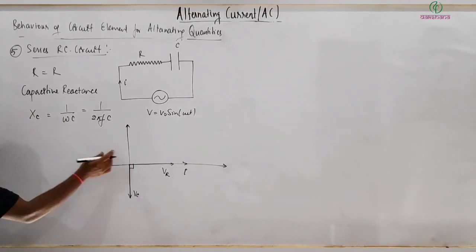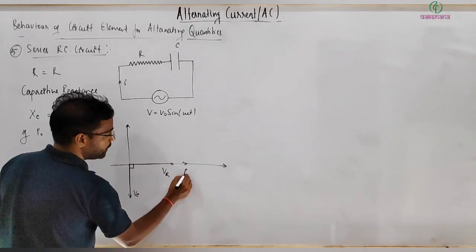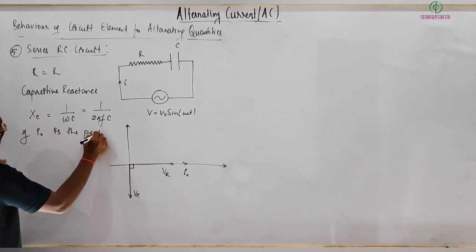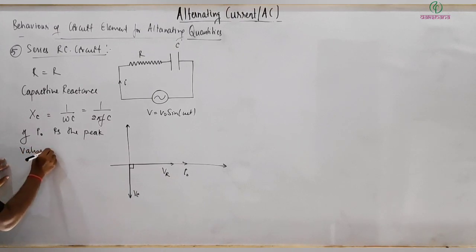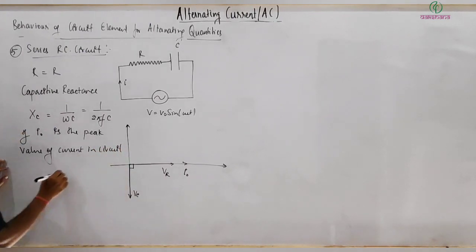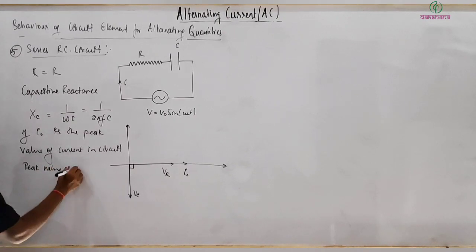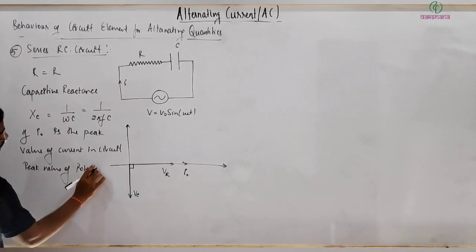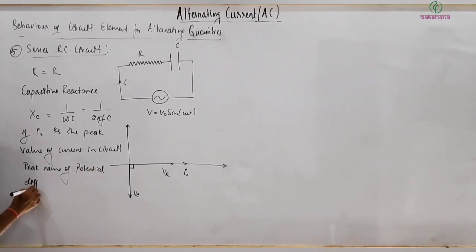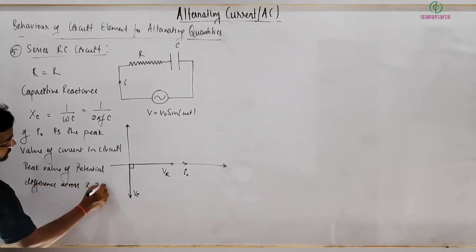Clear? So here, if I naught is the peak value of current in the circuit, then the peak value of potential difference across R and C can be expressed.